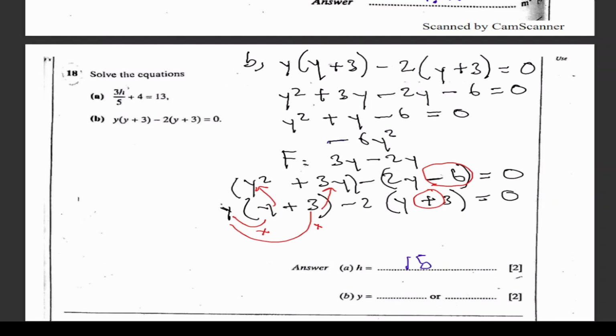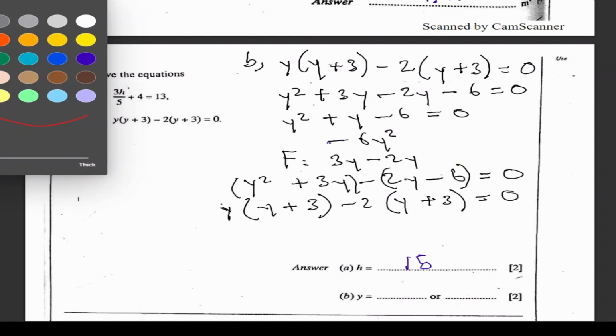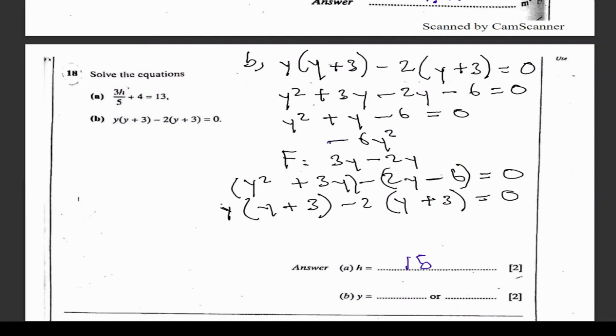So we need a number which if we multiply it with minus 2 gives us minus 6. And we know that when numbers with different signs, a positive and a negative, multiply, they give us a negative. That is why it's y plus 3 here. I hope I made it easier for you to understand. So let us carry on with our solution.